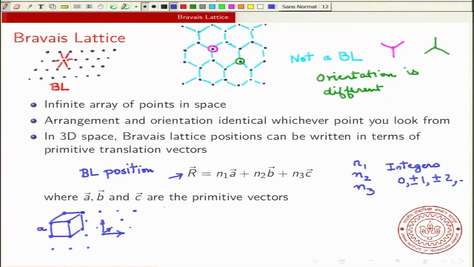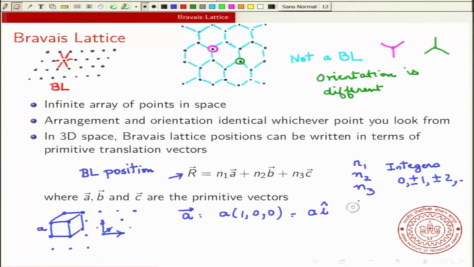So, my lattice translation vector A will be equal to A into 1, 0, 0, that is along the x axis. In other words, I can write this as A i, where i, j, k are unit vectors.